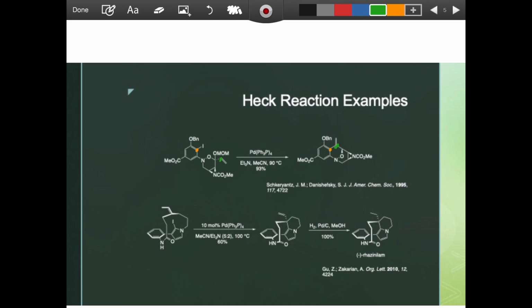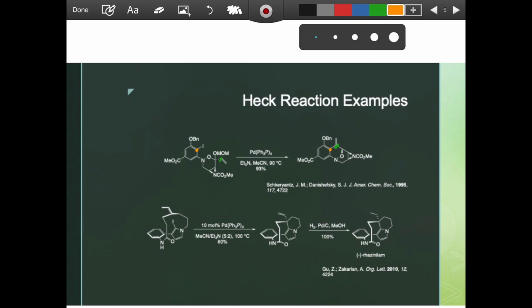Is this carbon here? Right. So this is something to note with the beta hydride elimination: you can determine where your double bond is going to be formed after your Heck reaction based on the structure of your starting double bond and the structure of the product that you're expecting.